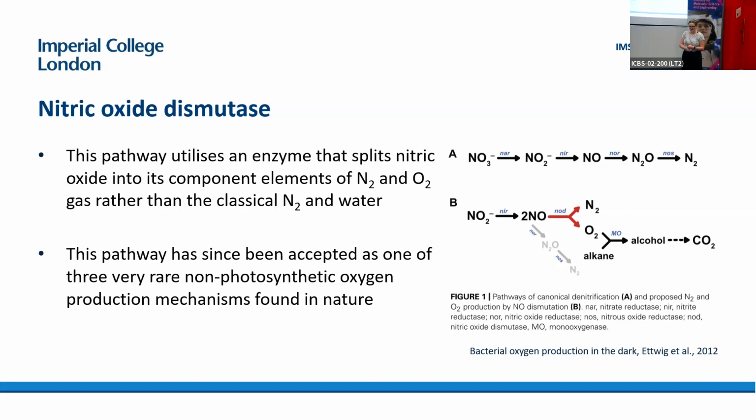It's since been accepted as one of three incredibly rare non-photosynthetic oxygen production mechanisms that are found in nature. It was initially found in marine vents where some archaea were producing their own oxygen that they could then use for other processes. So, okay, exciting. Now we might be onto something.